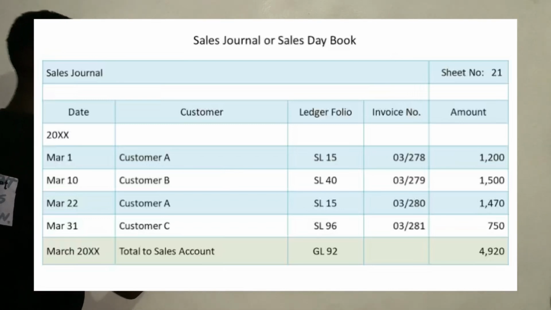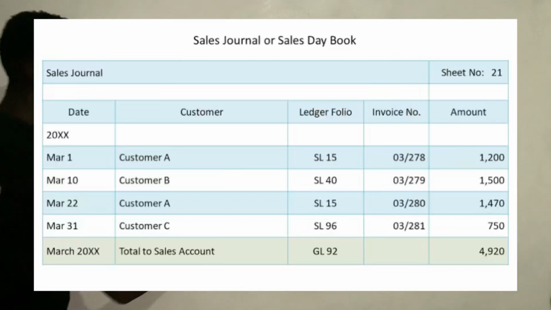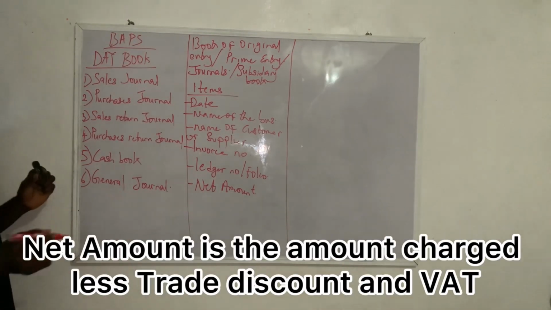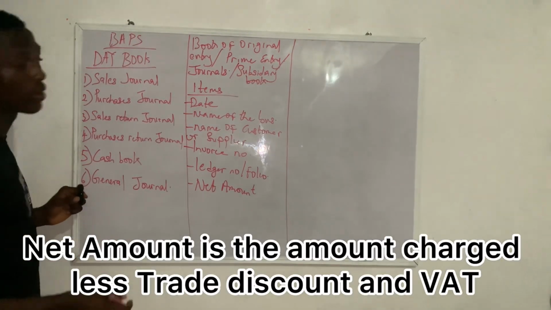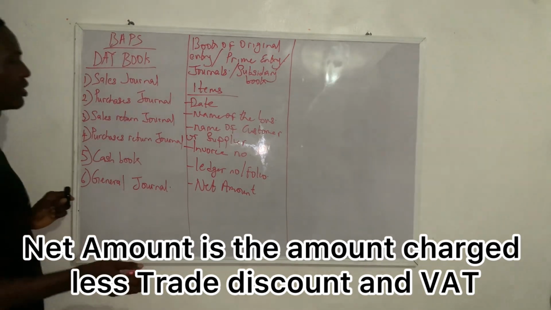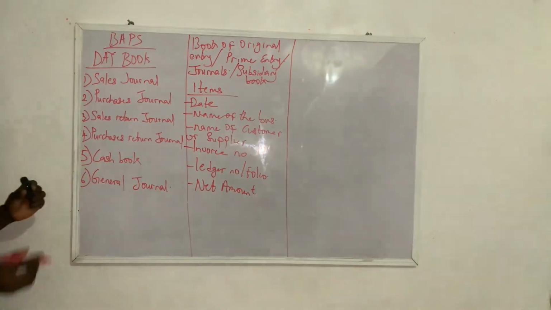We also have the net amount, that is after you must have deducted trade discount or value added tax. If the goods that you are dealing with are vatable, then you deduct value added tax from the source. And you also have various other amounts. In some aspects you might have details and the likes.